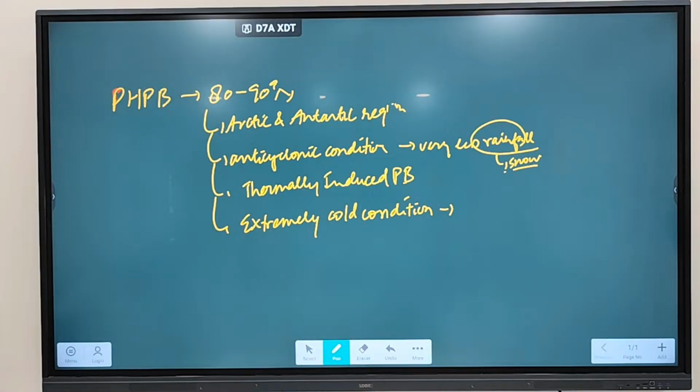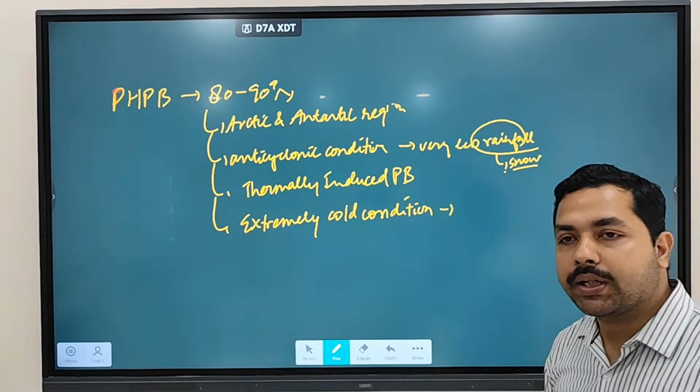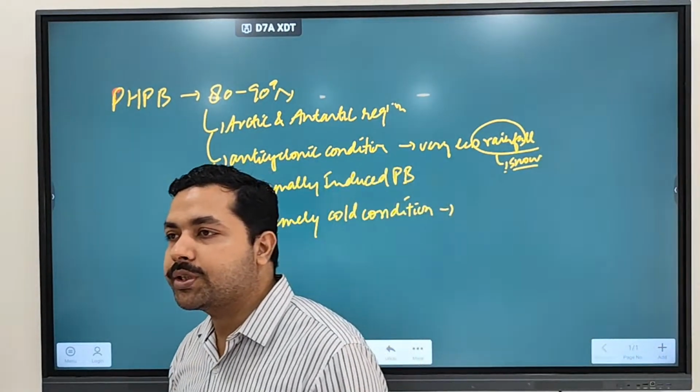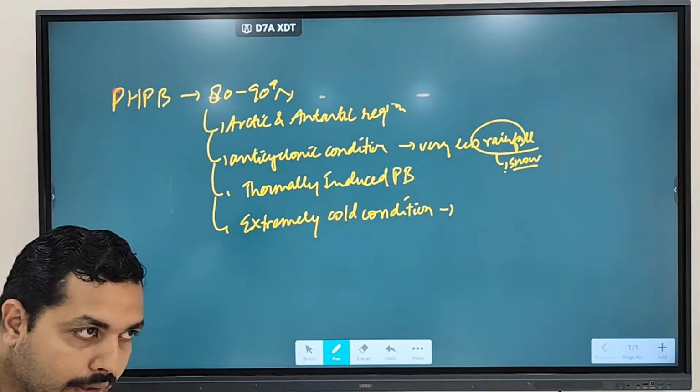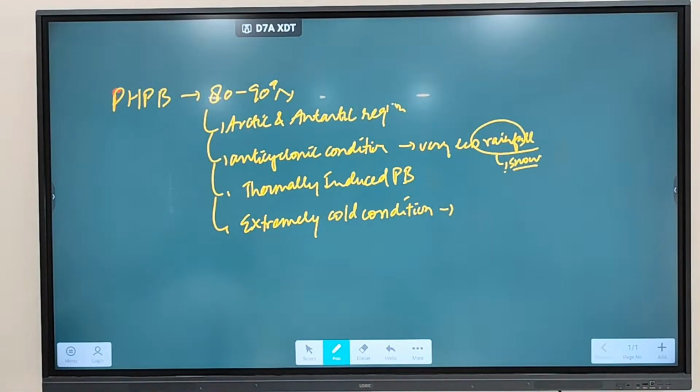So these are the different types of pressure belts that you are finding. Clear? Equatorial low pressure belt, subtropical high pressure belt, subpolar low pressure belt, and polar high pressure belt. Fine. The equatorial low pressure belt is also referred to as ITCZ, Intertropical Convergence Zone. It is also referred to as the Doldrums. Fine. The subtropical high pressure belt is referred to as what? Horse latitude.